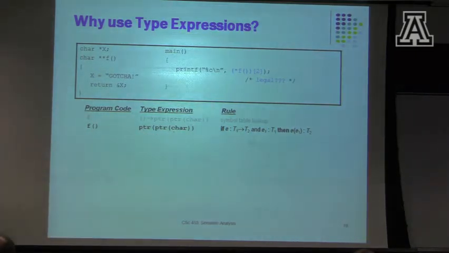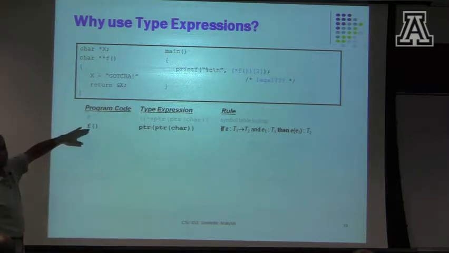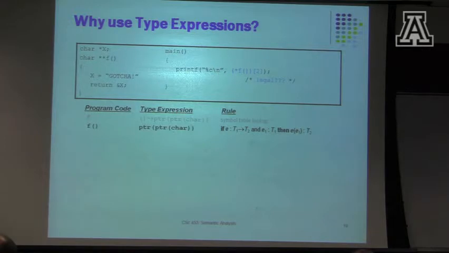So where does this rule come from? This rule is fairly generic in the sense that this is saying this is the effect of function application. This is the result of making a function call. But in general, these type rules come from the type rules of the language. Okay? So the language spec somewhere says, here's what happens when you evaluate an expression of this sort. Here's the resulting type.